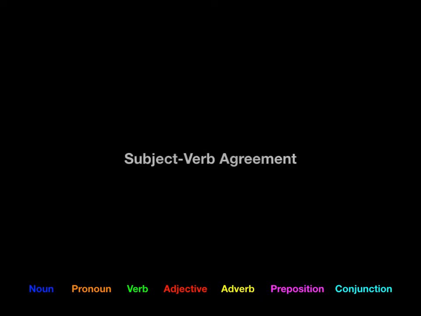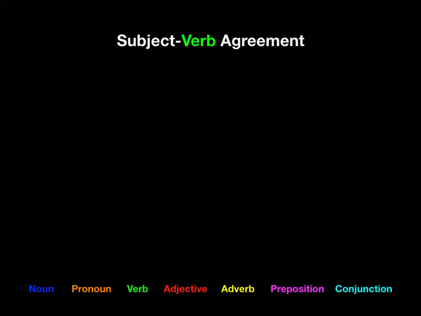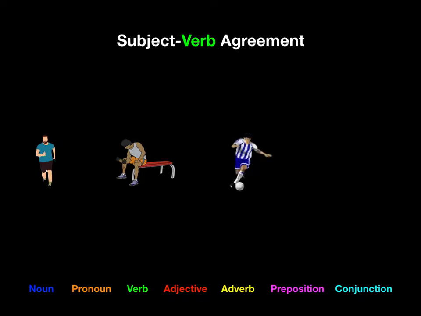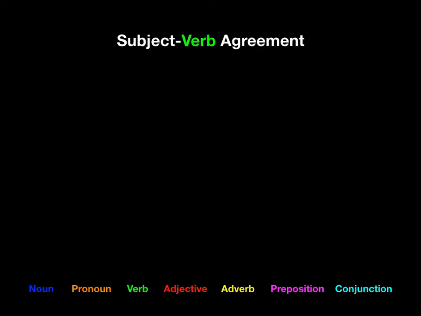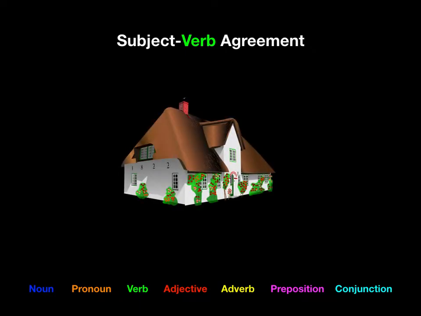For instance, in looking for subject-verb agreement, we're clearly going to need to know what verbs are. So words such as run, lift, kick, and swing are all verbs. In addition to these action verbs, we also need to be familiar with linking verbs.